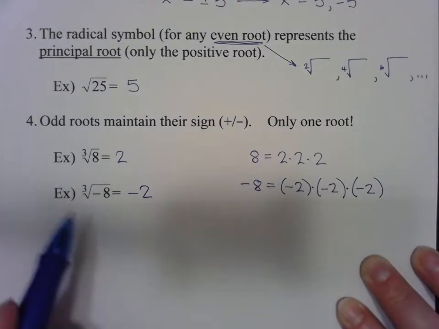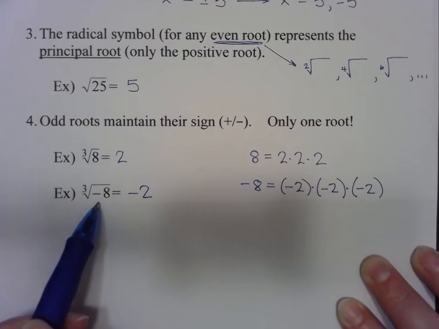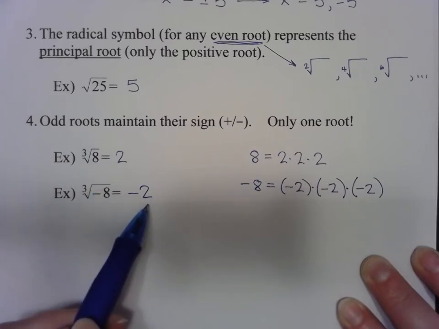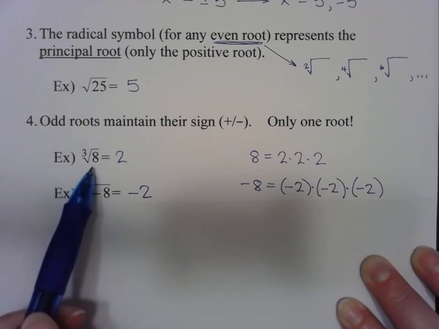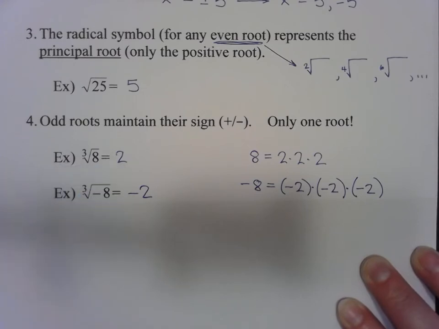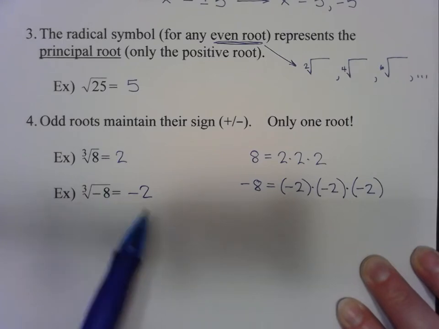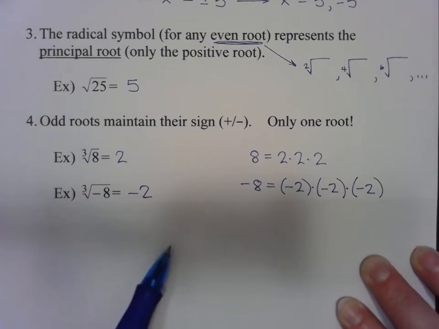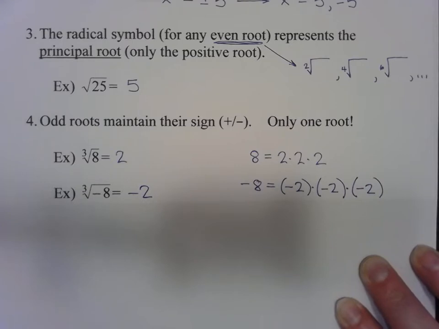So for a cube root, if I start with a negative inside as my argument, I'm going to get a negative result. If I start with a positive number as my argument, I'm going to get a positive result. And notice I don't have a plus or minus here, right? I don't have to worry about that because I'm going to keep the same sign I started with.